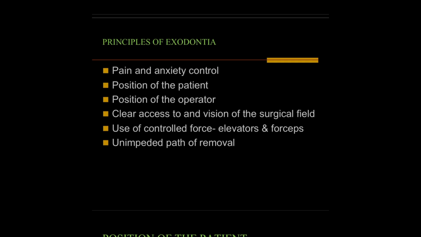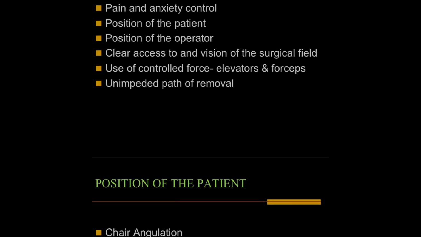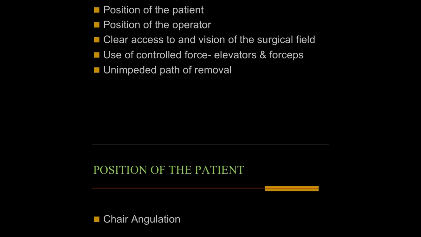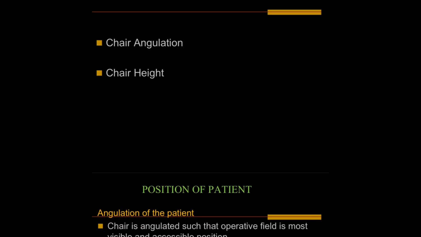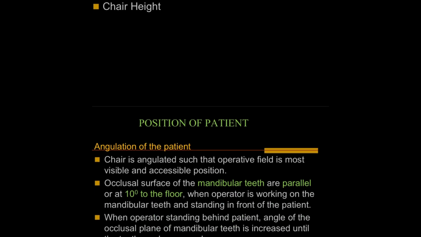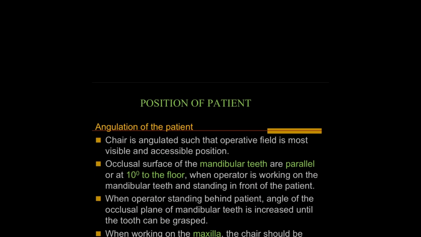The force should be slow, steady and controlled. The path of removal: the tooth should be taken out along the path of least resistance. Then comes position of the patient, chair angulation and chair height. That is very important. So here we have it in detail.